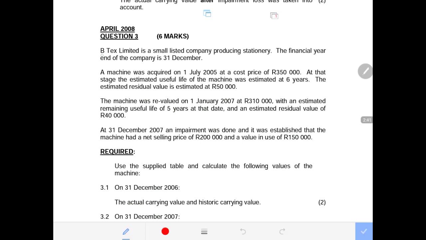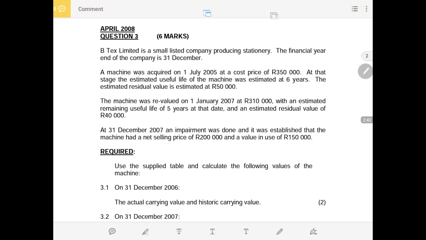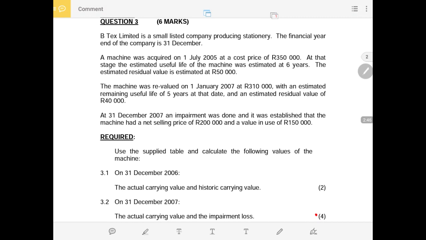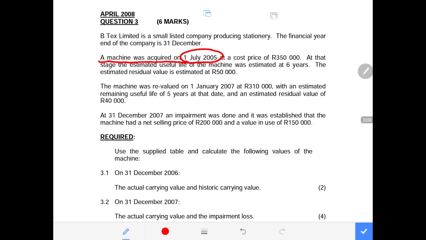It says BTEX Limited is a small listed company producing stationery. The financial year end of this company is 31st December each and every year. They close their accounting period. A machine was acquired on the 1st of July 2005 at a cost price of 350,000 rands.